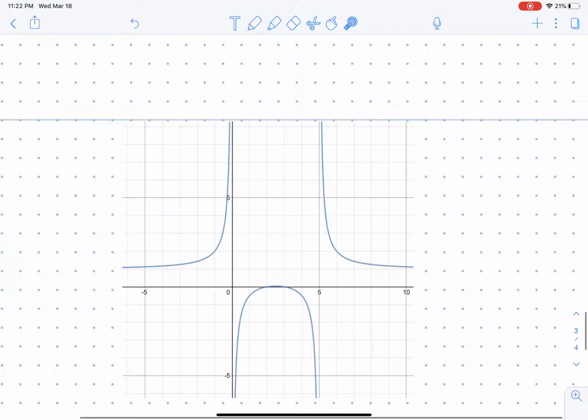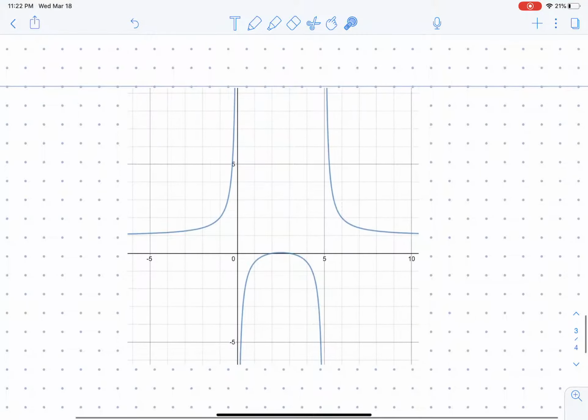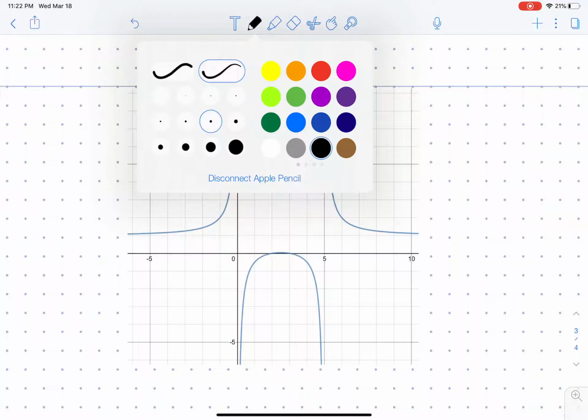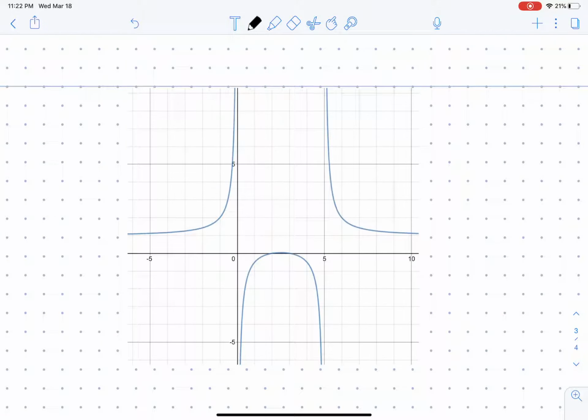So when I look at this graph, I see 4 different places that are going to be important to us. They're the place where the vertical asymptote is here and here, and the places where it crosses the x-axis here and here. So there's sort of 4 points that we need to worry about here.